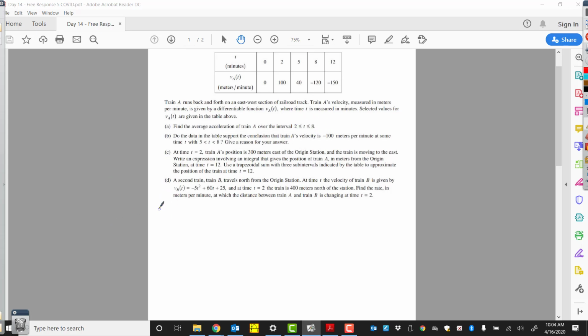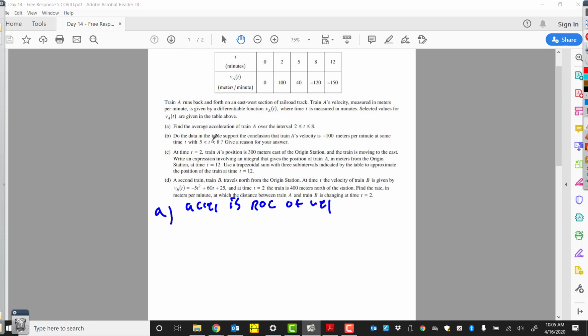The first thing we need to consider, we know we're going to do one of our average functions, either average value or average rate of change. So our question is, how does acceleration relate to velocity? Well, acceleration is the rate of change of velocity.